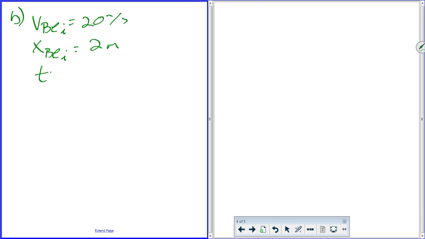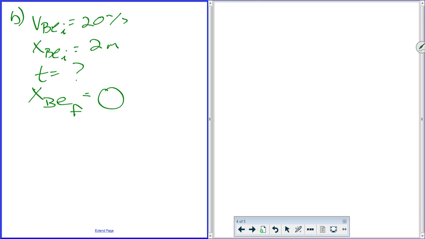I want to find out how much time it's going to take to get where? What are we trying to find, you guys? The time for it to do what? Get back to the elevator. So how do we write that using the many-letter notation? I want the position of the ball relative to the elevator final to be 0.